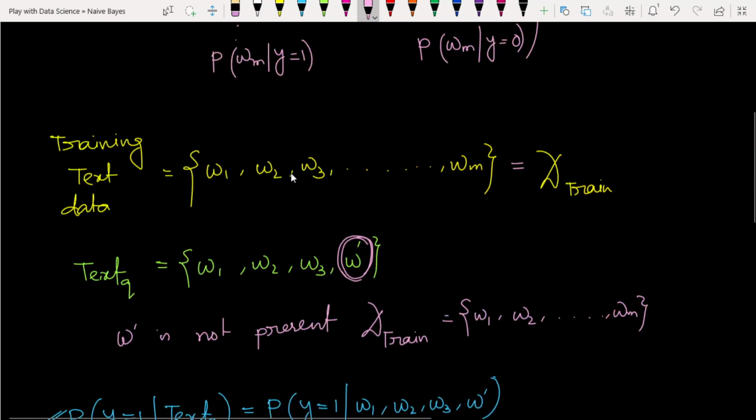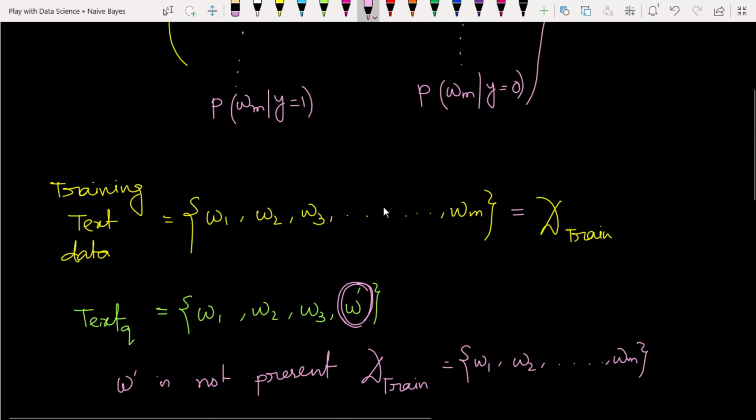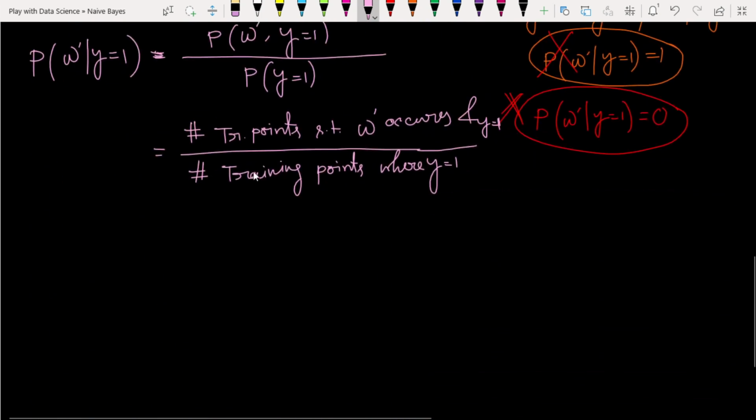We see that in the training data set w dash totally disappears, there is no such word in the training set. So this probability will now be 0.